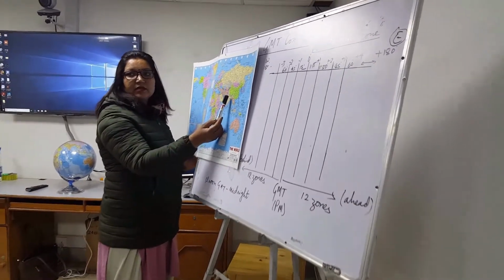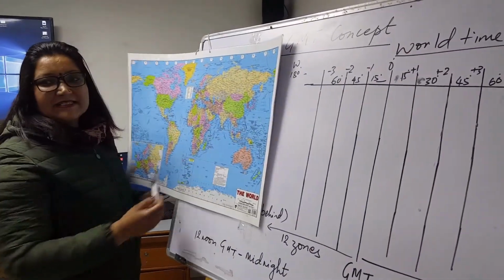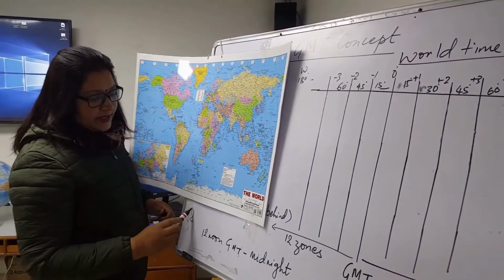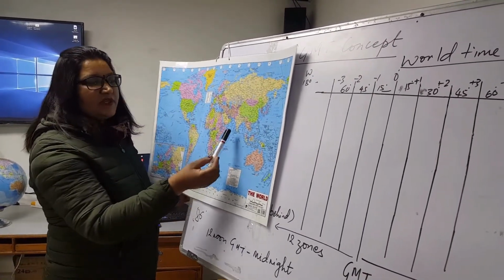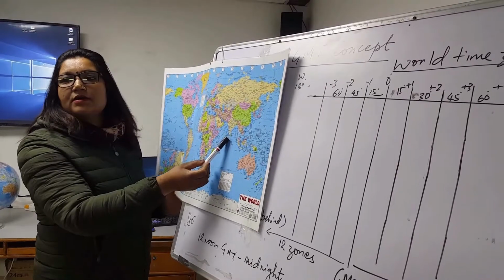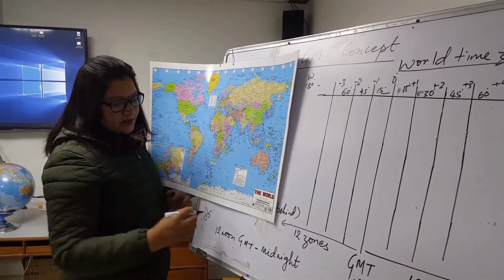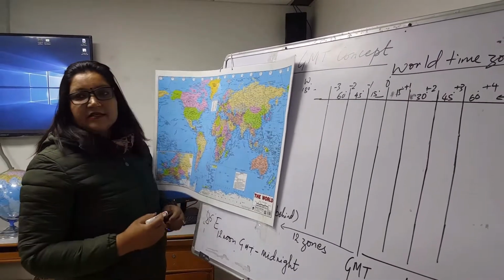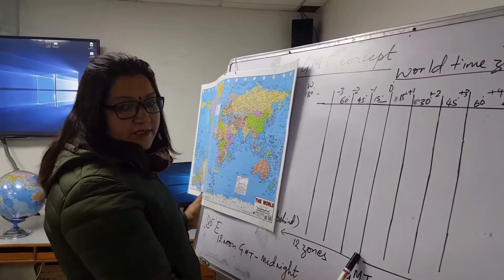From 80 degree to 88 degree, and it has adopted 86 degree longitude as its standard time, which is the longitude of Gauri Shankar Himalaya. Since our country lies to the eastern side, it is always ahead of the time of GMT.